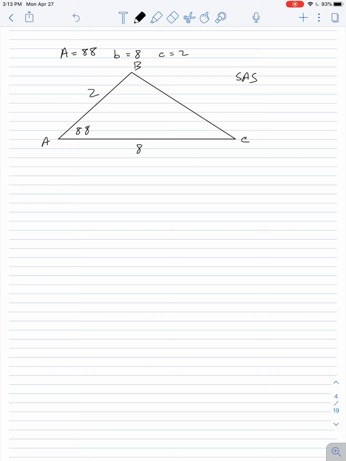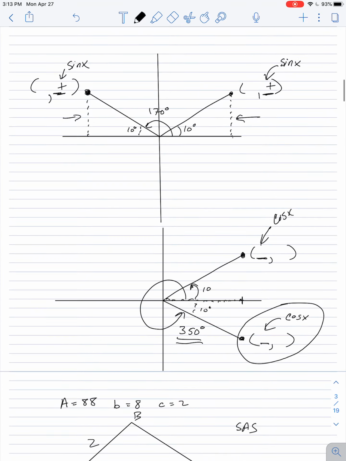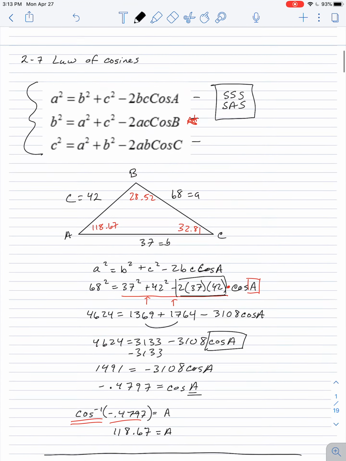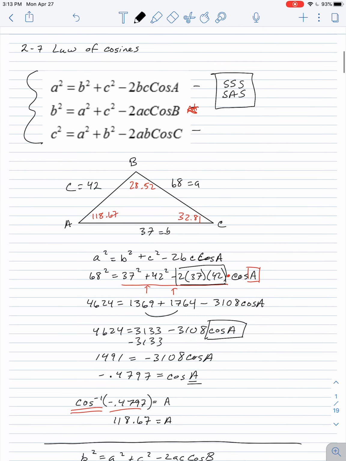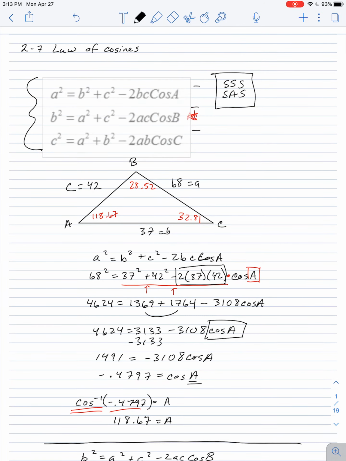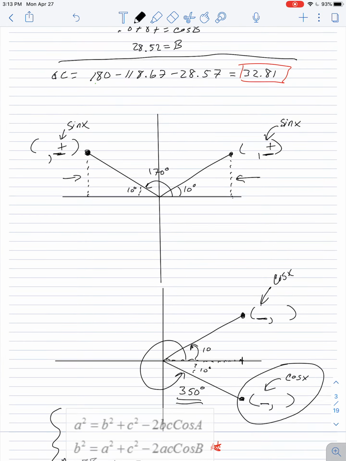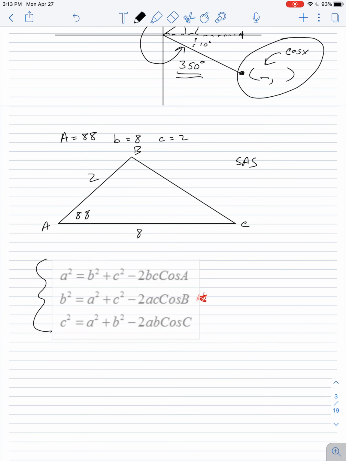So again, this is a side angle side situation. So this works. Now, which formula do you use? Well, I'm going to try one. Let's slide these down here so we can look at them. I'm going to try the first one, and we'll see what happens. Okay, you've got a squared. Well, I don't know a squared, so that's just a squared.